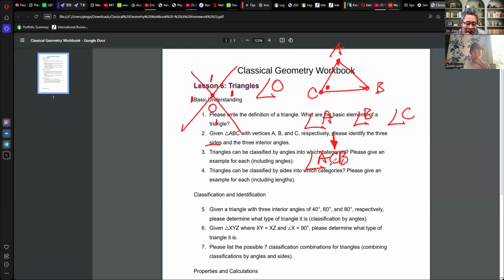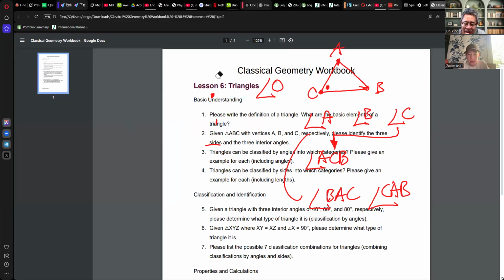Then we have two sides, CA and CB, on the two sides of the angle. If you want to write A, we can write BAC or CAB. Make sense?